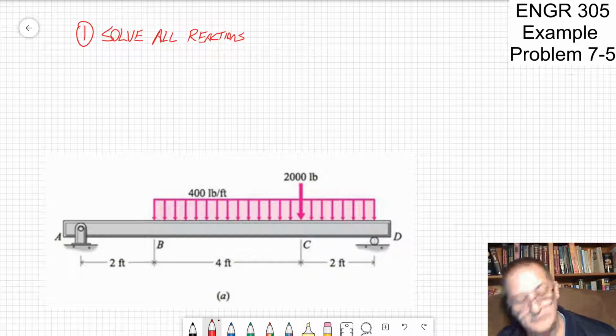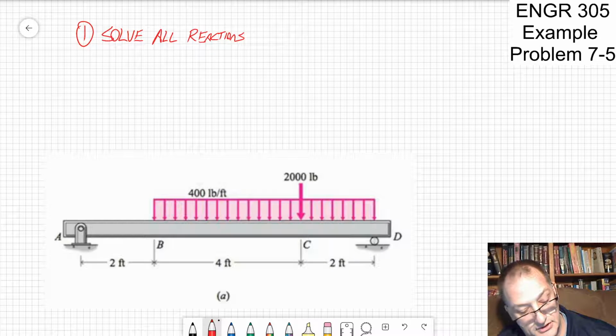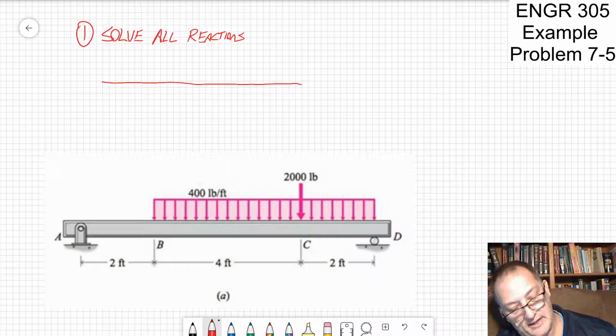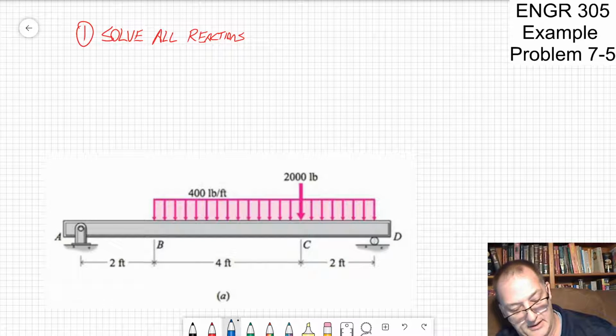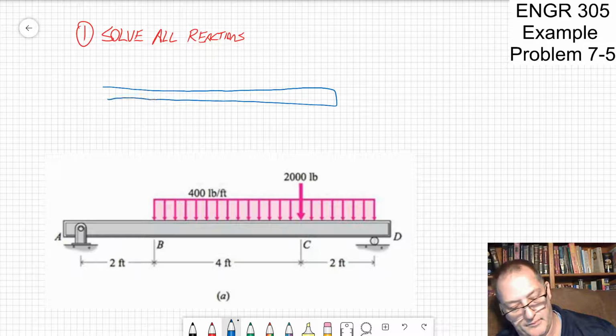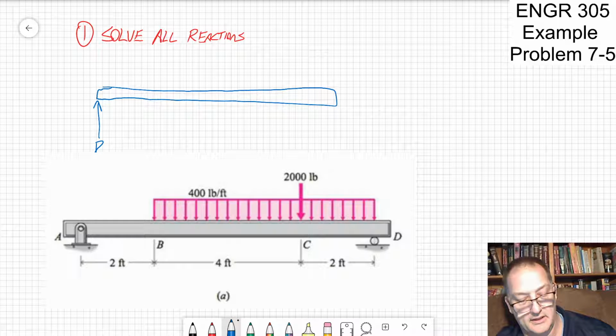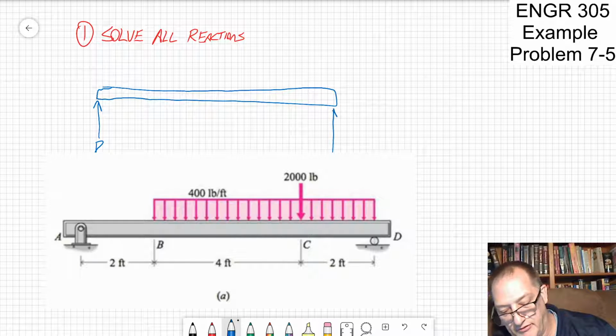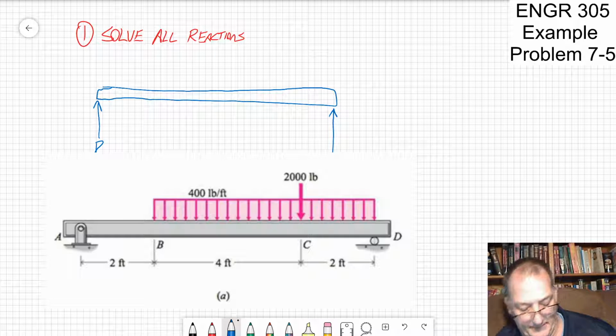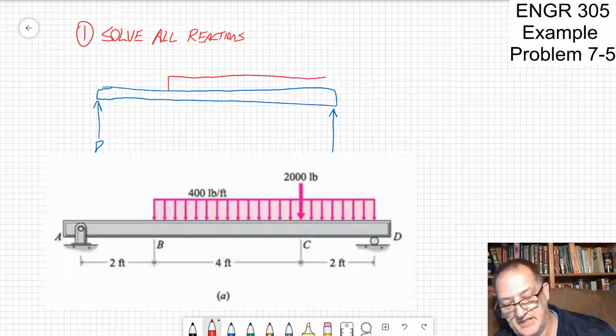All right. So here's my system, my free body diagram. I've got my beam, and I've got a reaction force at A, and then I've got a reaction force, and I'm following their language, so this is the reaction force at D. I'm even going to follow their colors, and that is I've got a distributed load, and I will try to be consistent that the distributed loads are red.